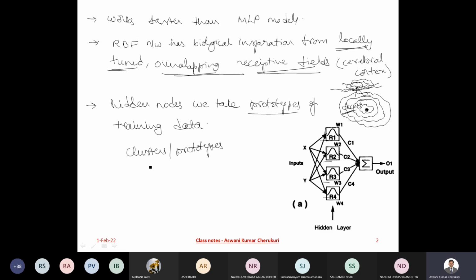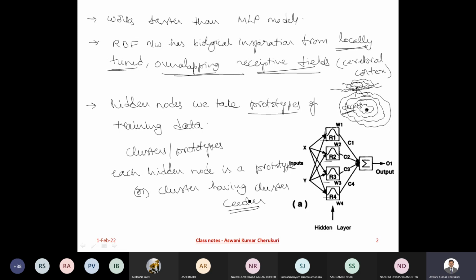Each hidden node is a prototype or a cluster having a cluster center. When there is a cluster, obviously there is a cluster center.